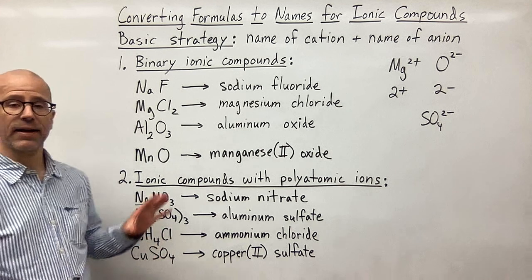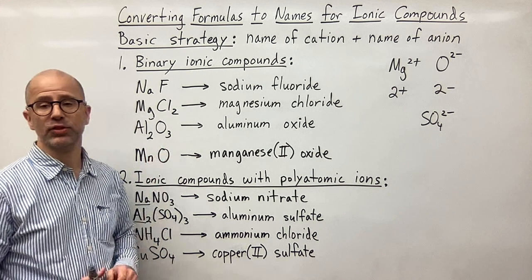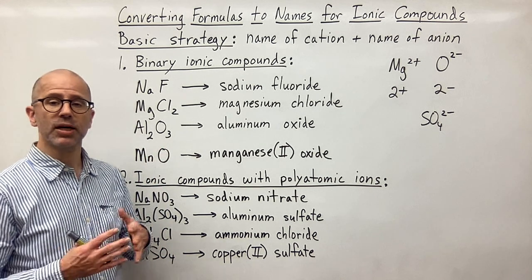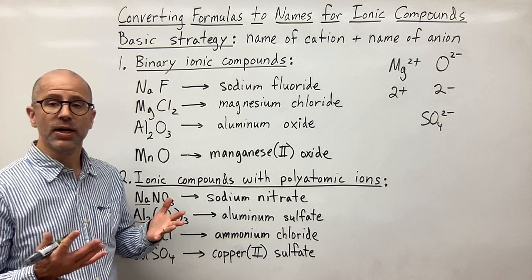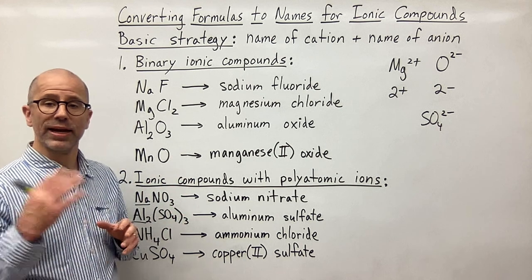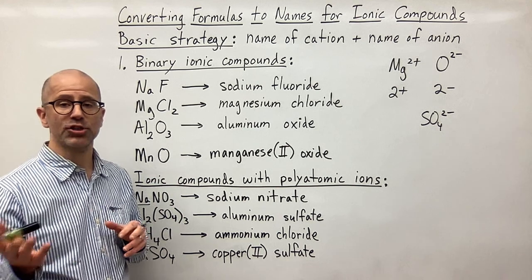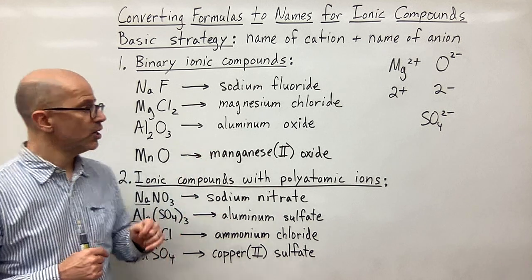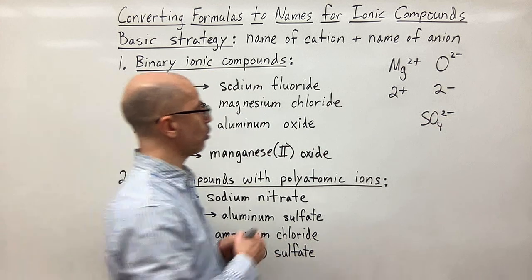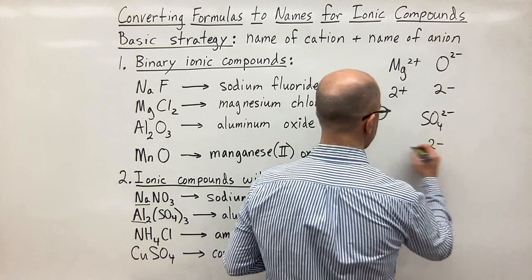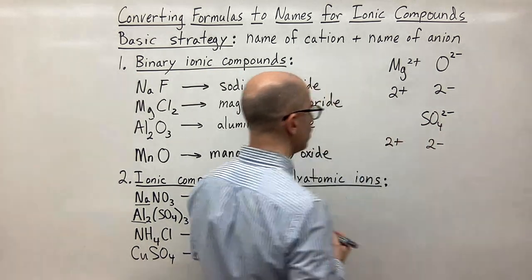That means that the total positive charge must be a +2 because the total charge of your ionic compound has to be 0. It's got a balanced charge. So your total negative charge should equal the total positive charge. So since my total negative charge is a 2 minus, then my total positive charge should be a 2 plus.